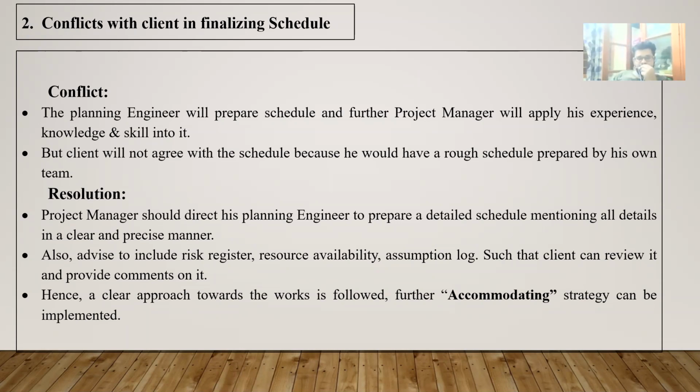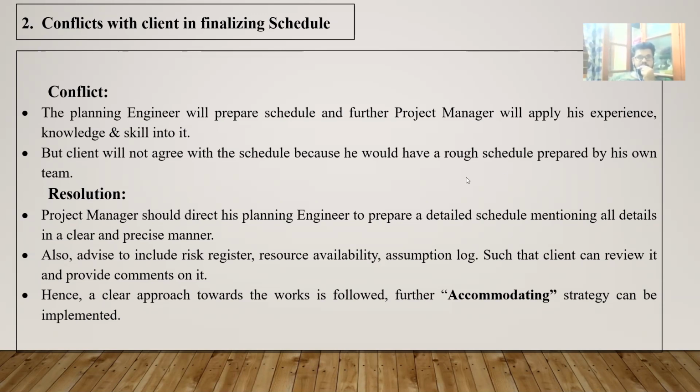Actually, this can be done by making the schedule a detailed one, and we need to prepare a risk register, and we need to prepare the resource availability assumption log with that. So with this assumption and with this risk, we are mentioning that we can complete the project within 2.5 years. But if you want to add more risk on that, we can complete it within 2 years.